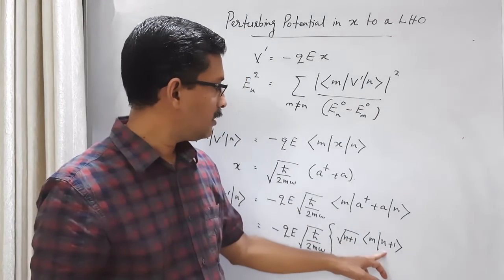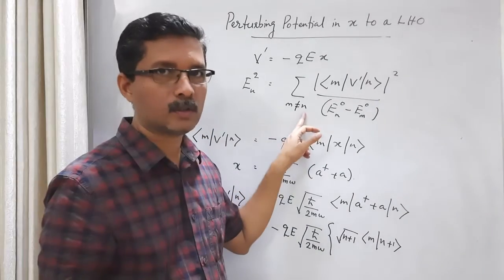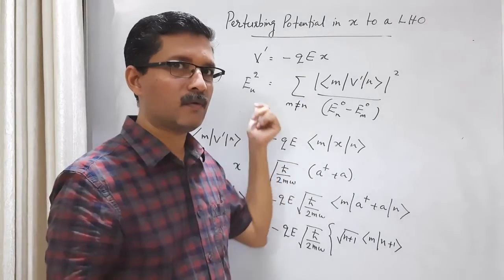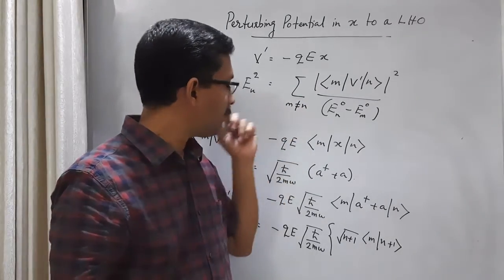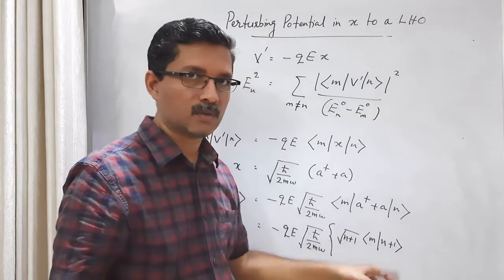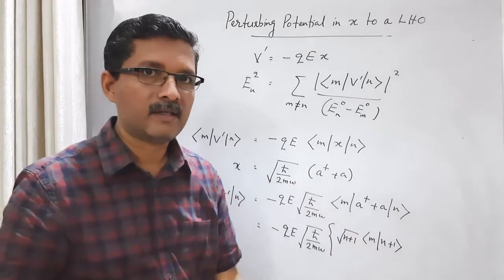But look at this. It is given that m is not equal to n, right? We have earlier discussed the meaning of this. So m is not equal to n. Suppose it is n, then we know that this is 0, from the previous discussion, why n x n is 0.